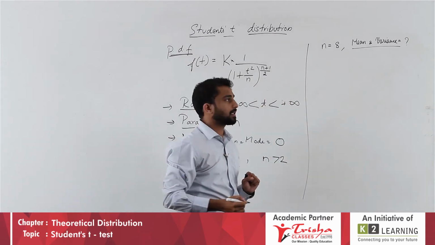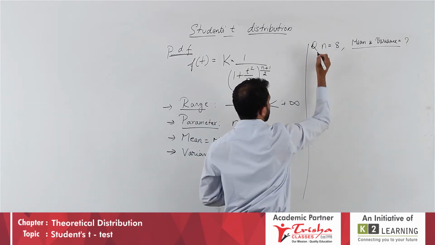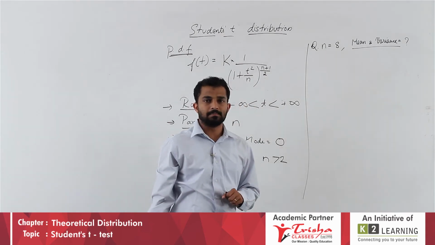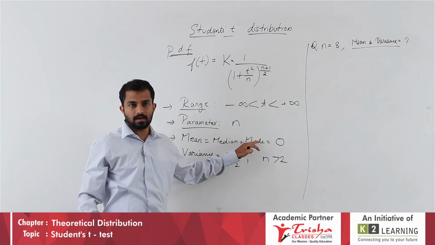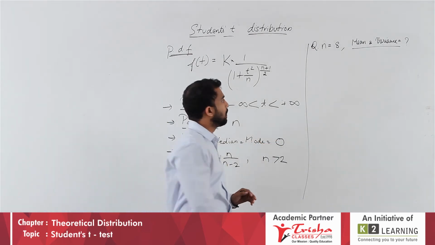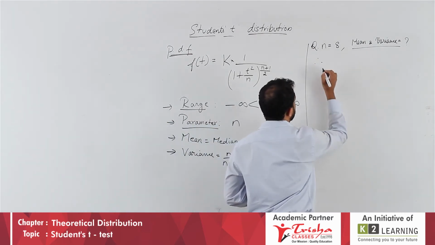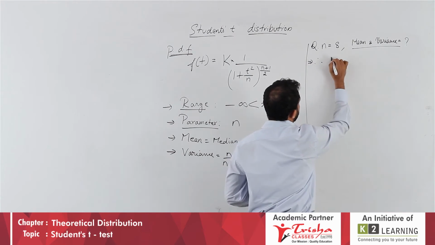How would we do this kind of question? Pretty simple. Mean, median or mode, whatever they ask, it is always 0 in Student's t distribution.